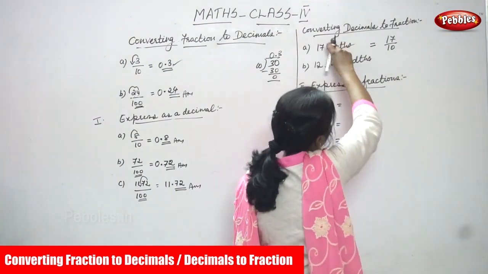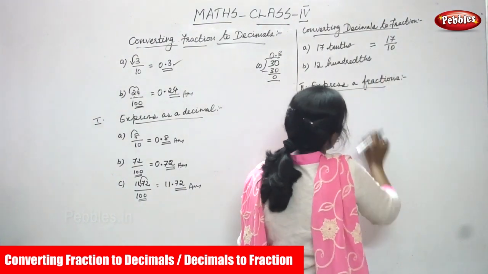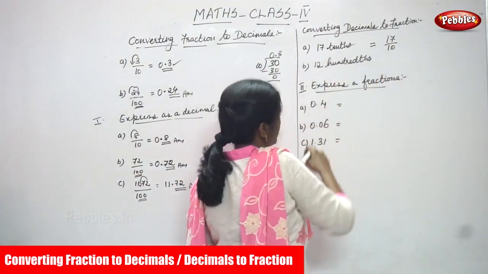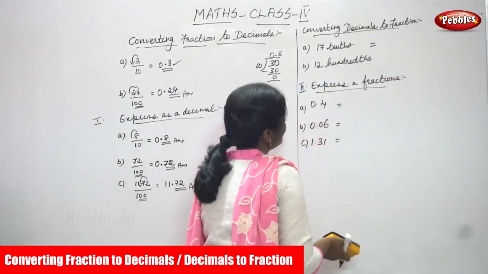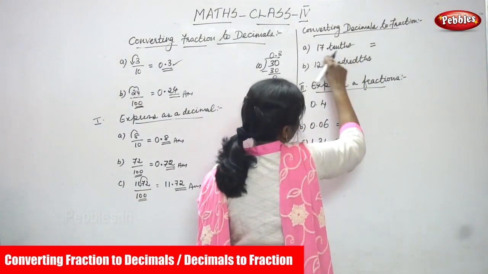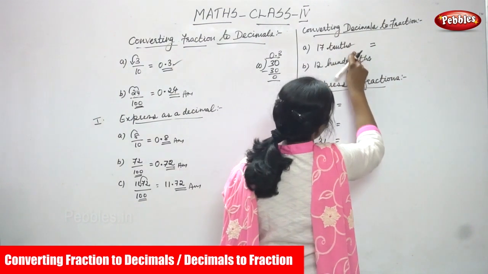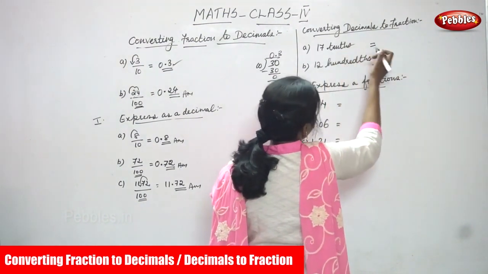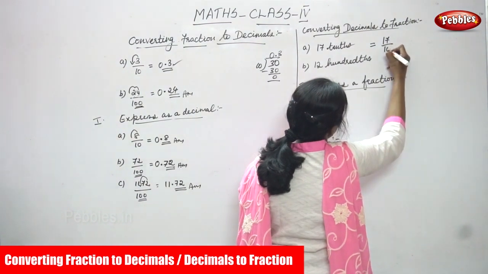But they have given very clearly converting decimals into fractions. So 17 tenths, that means what you are going to do, first you have to write in decimal, after that you have to write in fraction. The question is already given in written decimal form. So 17 tenths, the fraction is 17 by 10.